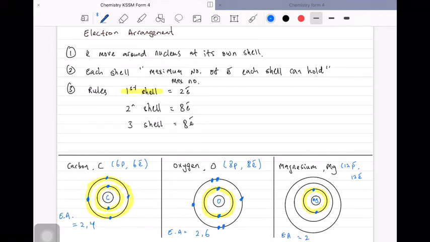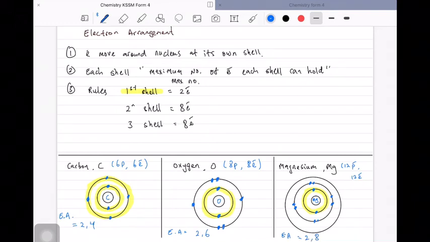Initially it has 12, so after filling the first 2 electrons in the first shell, we still have 10 electrons. Of the remaining 10, we can fill 8 electrons in the second shell, so we write 8.